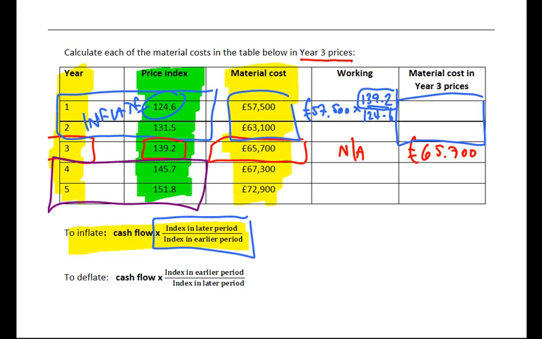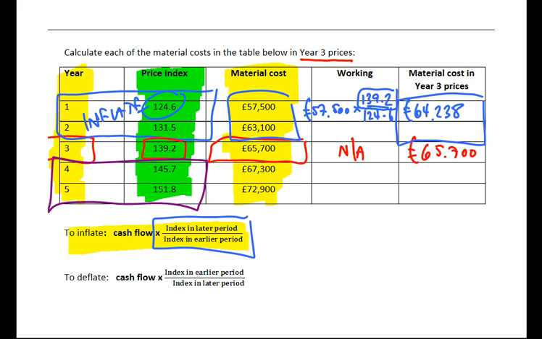Now, if you do £57,500, the year 1 cost, multiply by 139.2, then divide by 124.6, I get an inflated cost figure of £64,238. I'll do it to the nearest whole pound there.